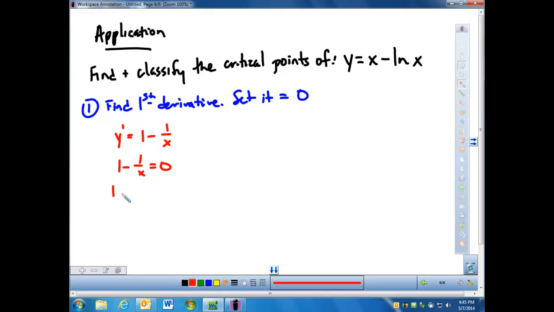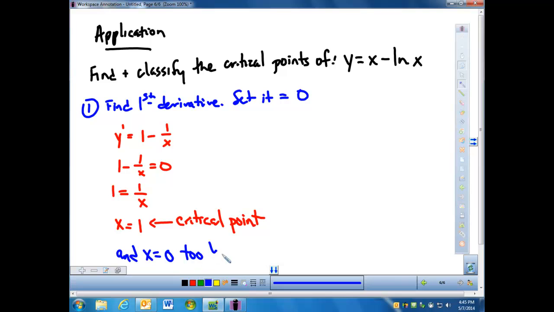Do a little bit of algebra there, cross multiply, and I get x equals 1. That's a critical value there. I also have a critical value of x equals 0, since 0 would make it undefined. I don't have to do any work with 0, since x equals 0 will just be an asymptote in this problem.